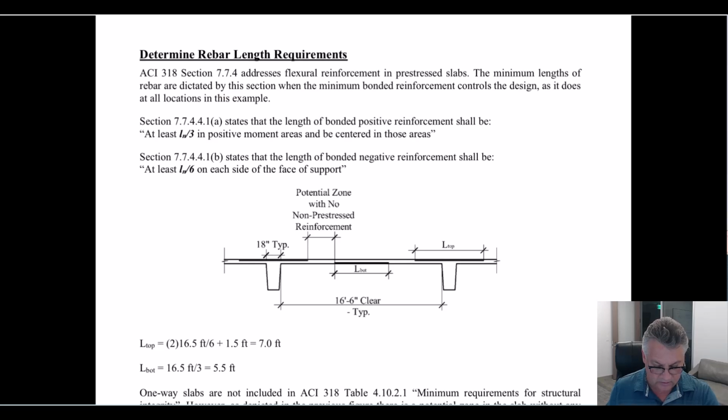So ACI 7.7.4.4.1A says that for bonded positive reinforcement, at least ln over 3. So the length of this bottom bar in the span, ln means the clear distance.